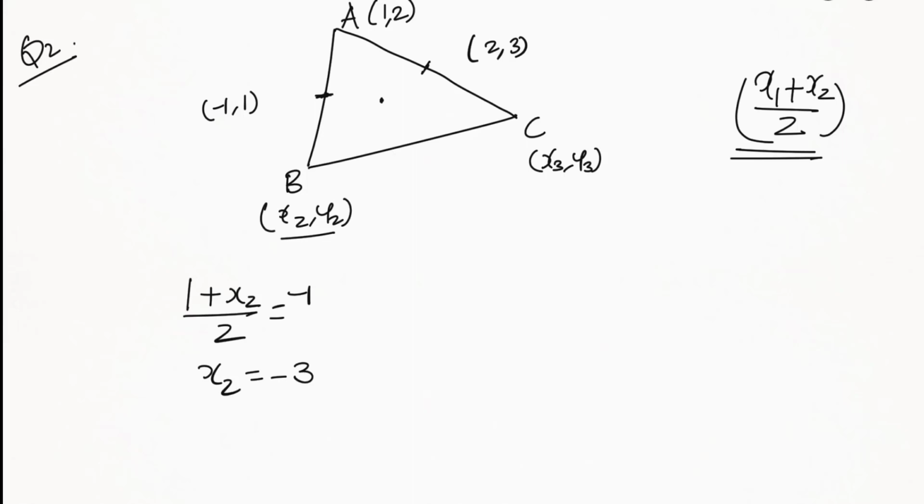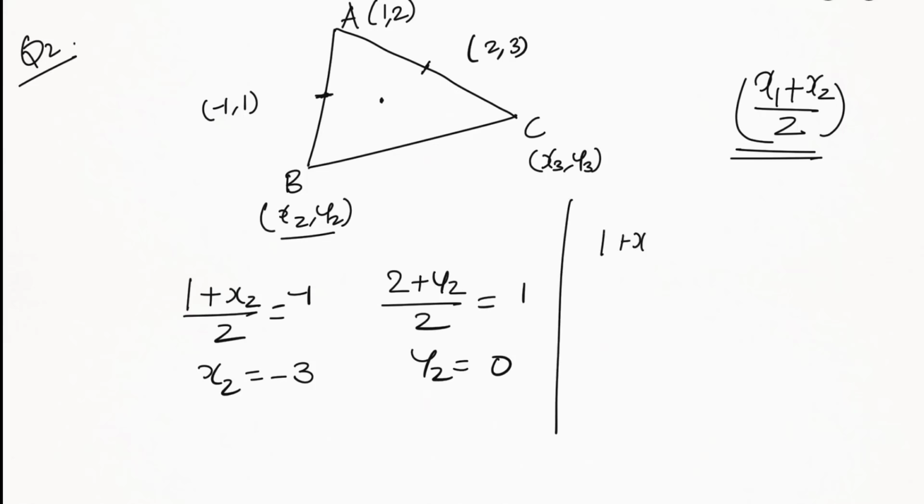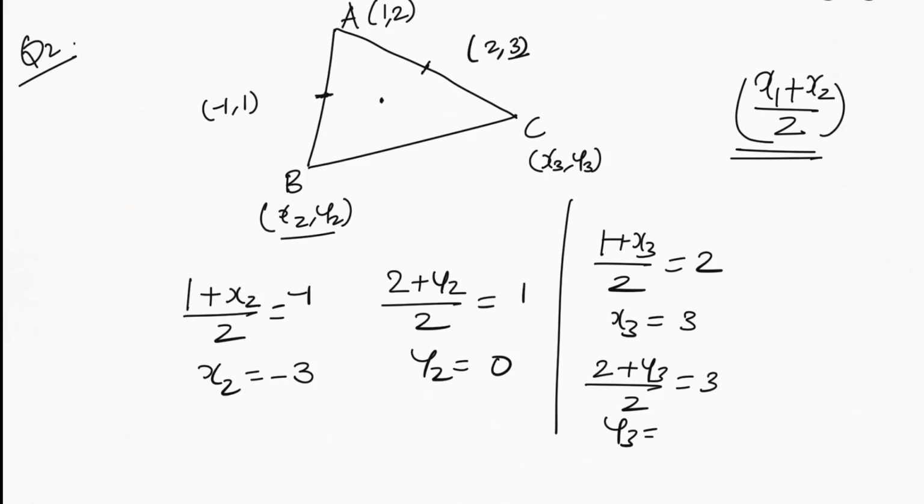And for y2, 2 plus y2 over 2 is 1, so y2 is 2 minus 2, 0. Similarly for this segment, 1 plus x3 over 2 is 2, so x3 is 4 minus 1, 3. For y coordinate, 2 plus y3 over 2 is 3, so y3 is 6 minus 2, 4.